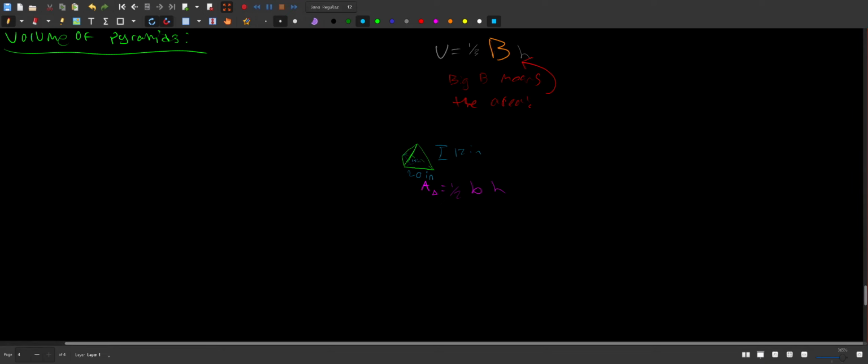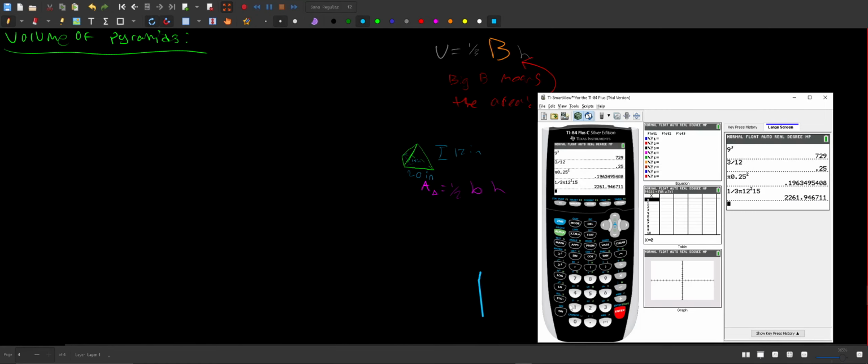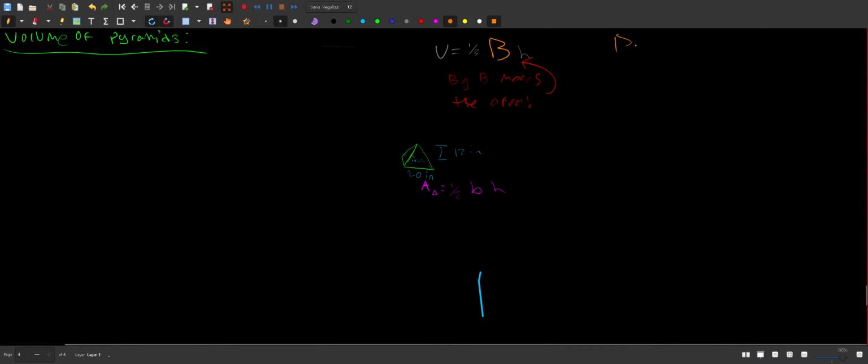So now we have 15 times 20. That's equal to 300. So our big B is equal to 300.